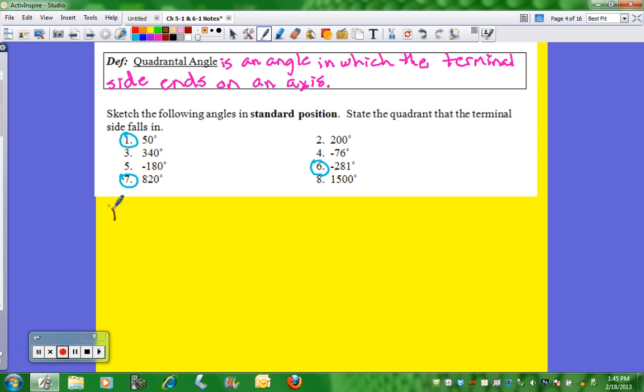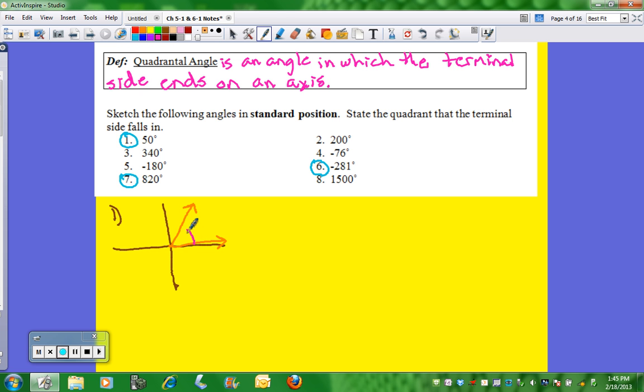So problem number 1. I'm going to draw my axes, and I'm doing 50 degrees. So you should know 50 degrees is just going to fall into quadrant 1. Okay, so I'm going to draw my central angle in standard position. 50 degrees will be approximately right there. Okay, and we're going to label this.